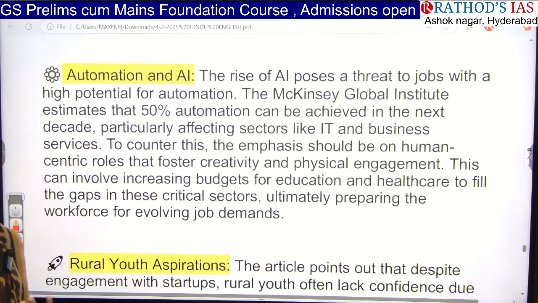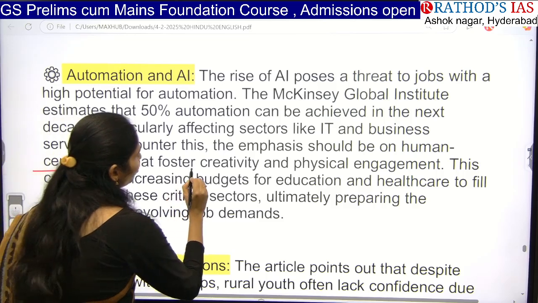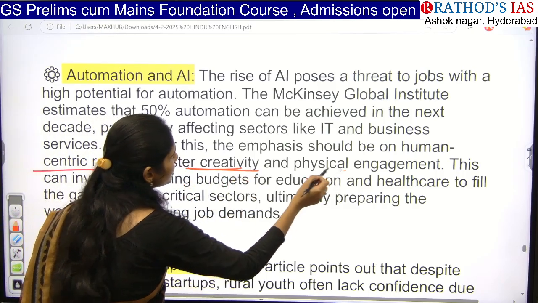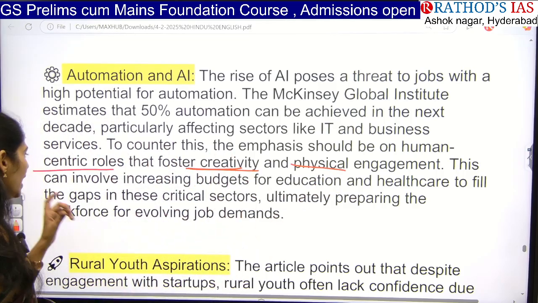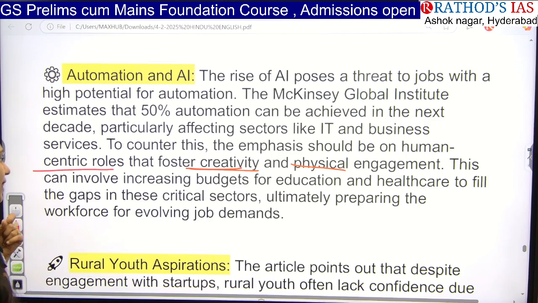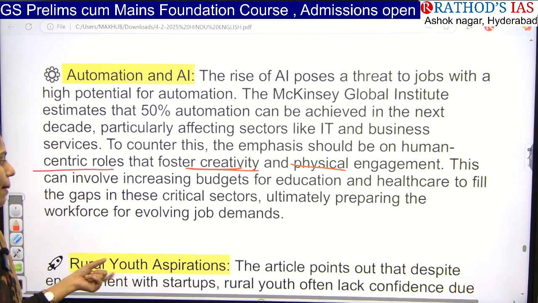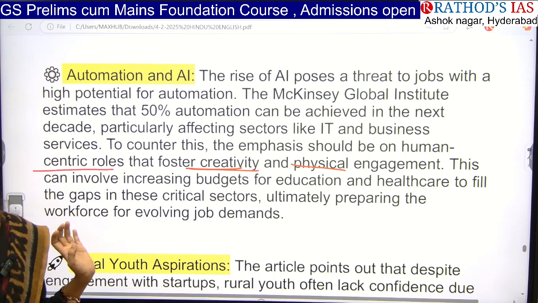So now we have to focus on human-centric roles. We have to foster and improve creativity and physical engagement of people, and we have to increase the budget for education as well as healthcare so that these critical sectors are addressed. Obviously, whenever we have strong human capital, we can also increase job demand.